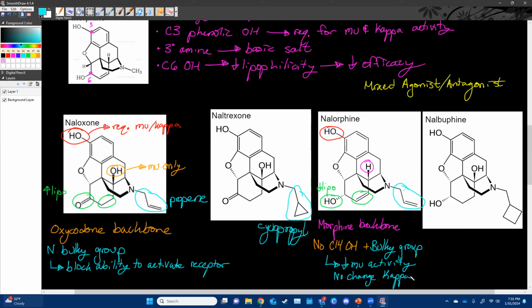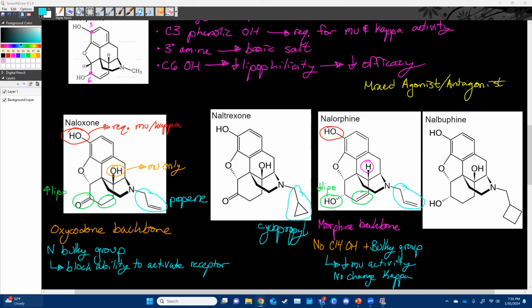I believe the reason is because kappa is a slightly larger receptor, so it can fit in there a little bit better. It's a little bit more forgiving, I think.